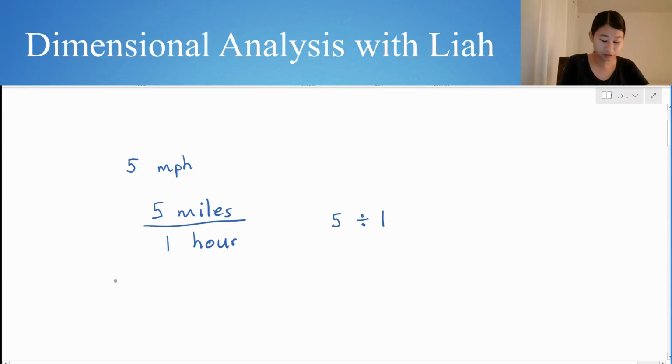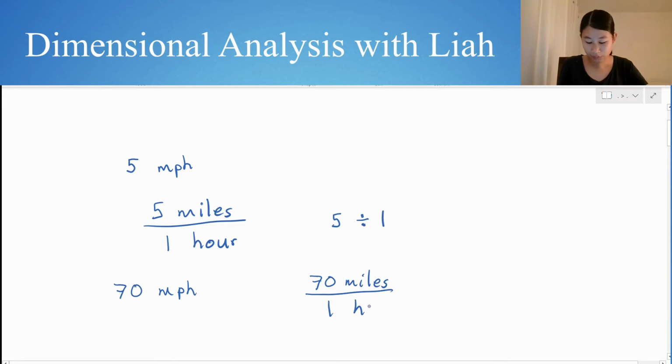If we say something is going at 70 miles per hour, that would just be 70 miles over 1 hour, which means that we can divide 70 by 1.